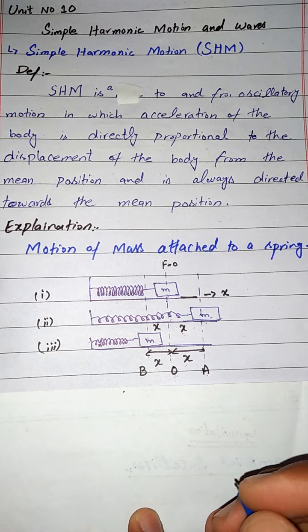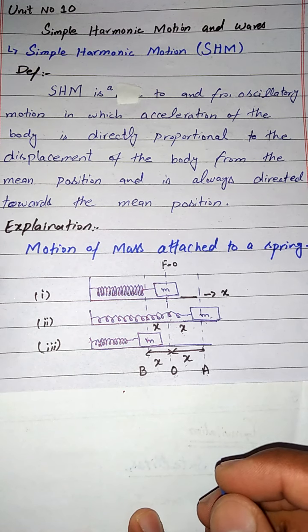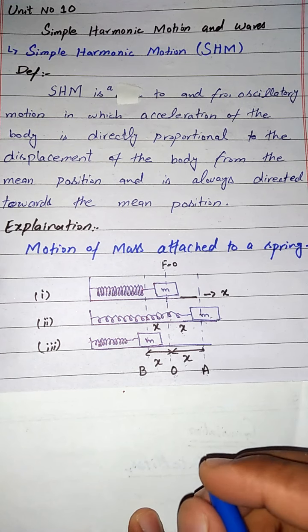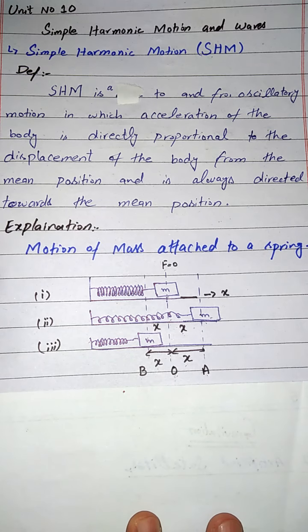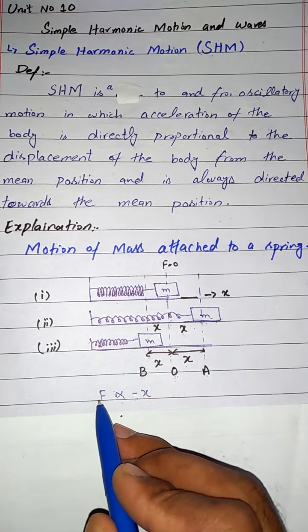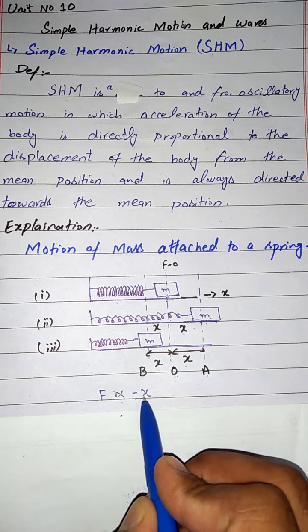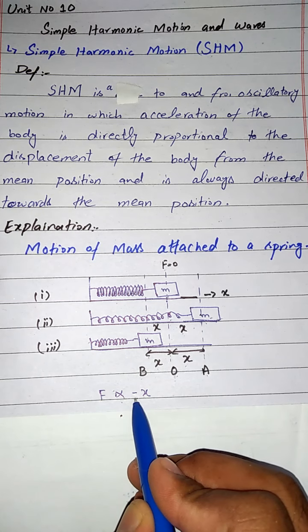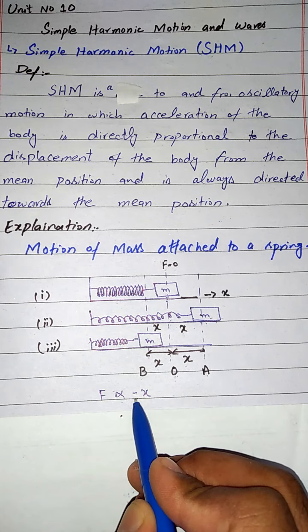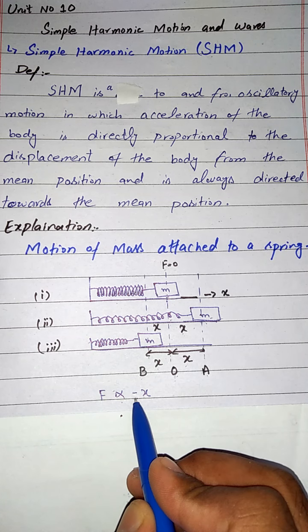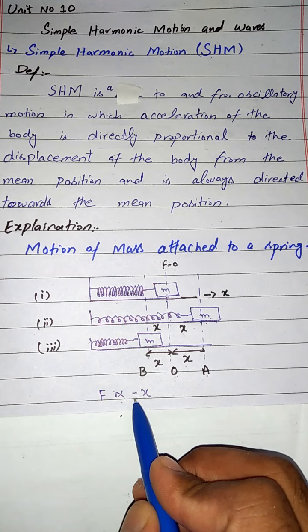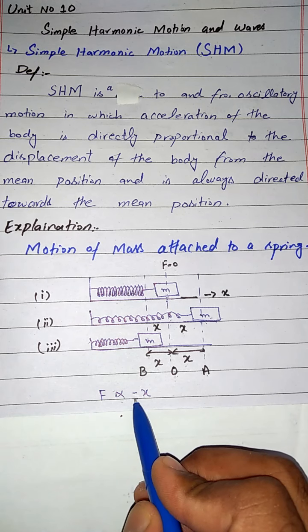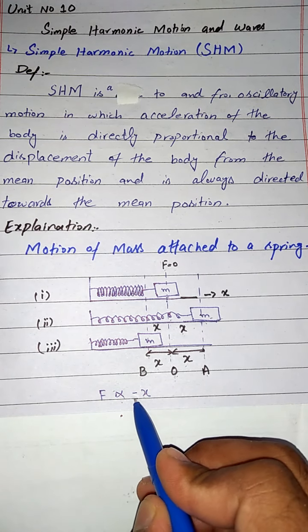According to Hooke's law, the force is directly proportional to the change in length of the spring. Here is the relation: force is directly proportional to displacement, and this negative sign shows that the force exerted by the spring is always directed opposite to the displacement of the mass, because the spring always exerts force towards the mean position.